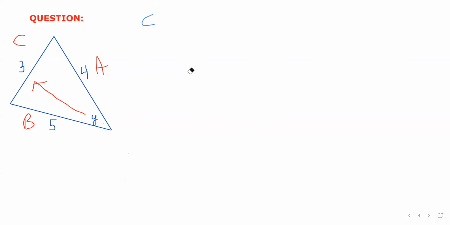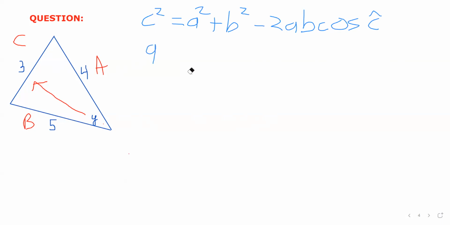Alright, the equation: C squared equals A squared plus B squared minus 2AB cos the angle at C. And the angle at C is what we want to solve for in this question. So this question will involve a little bit more maths, so let's follow these steps. C is 3, so 3 squared is 9.